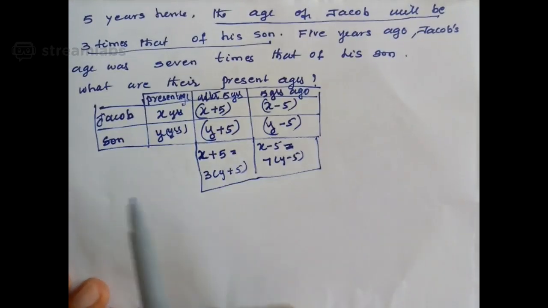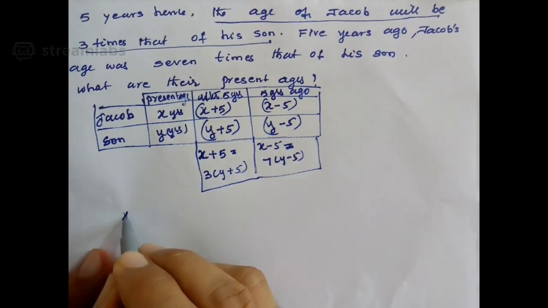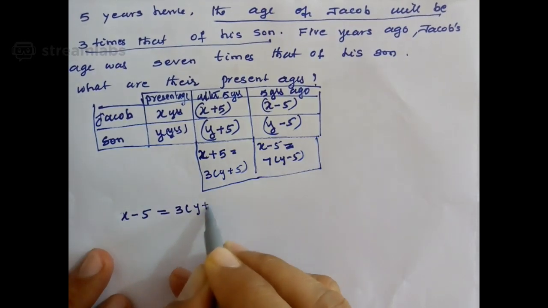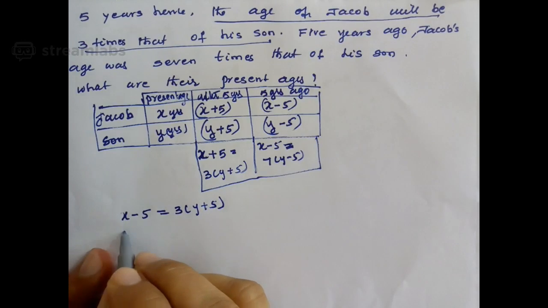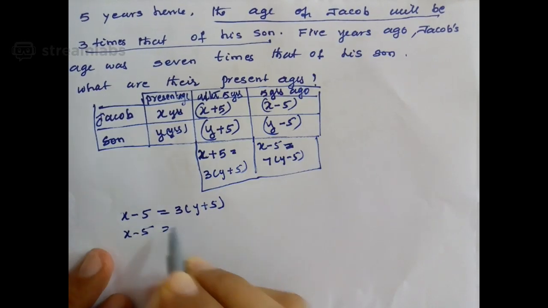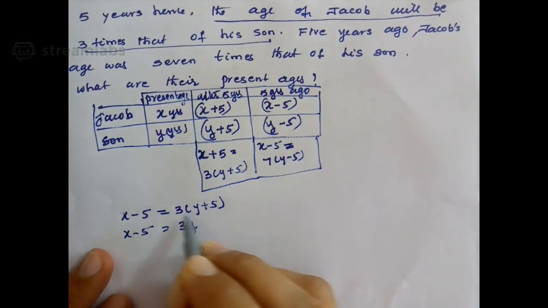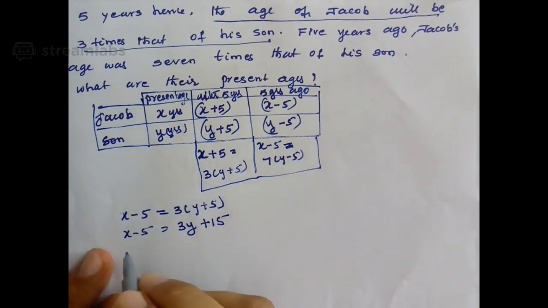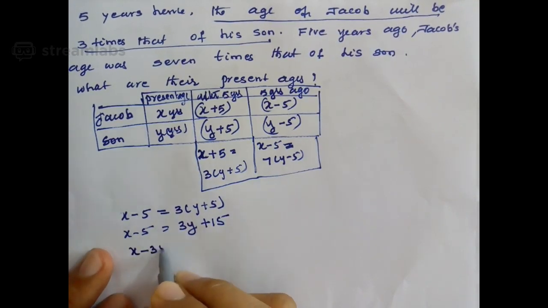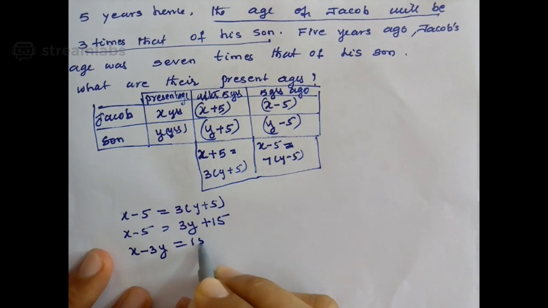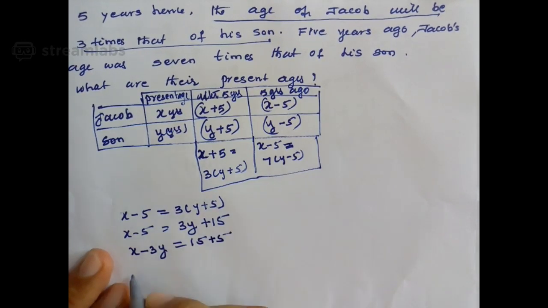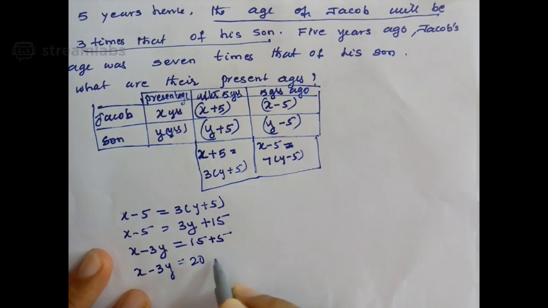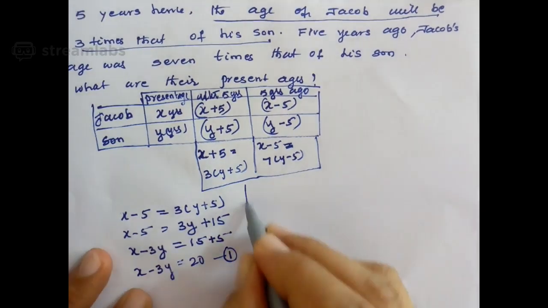Now using this, let us frame the pair of linear equations. x plus 5 is equal to 3 into y plus 5. That is x plus 5 is 3y plus 15. That is x minus 3y is equal to 15 minus 5, that is x minus 3y is 20. This is equation number 1.